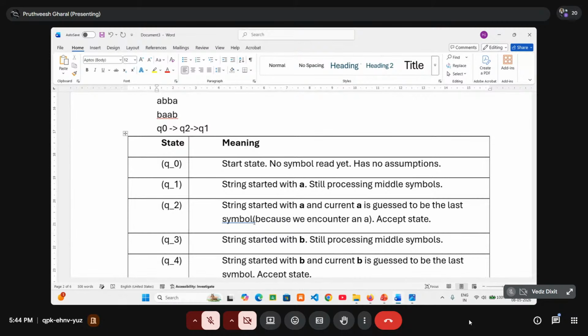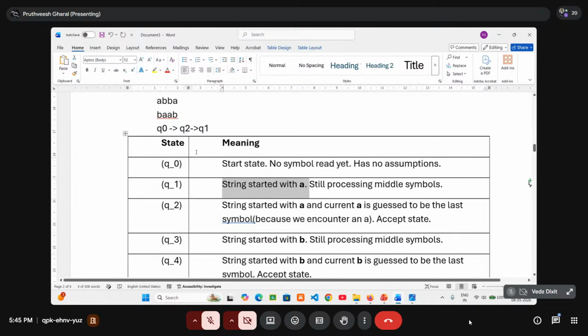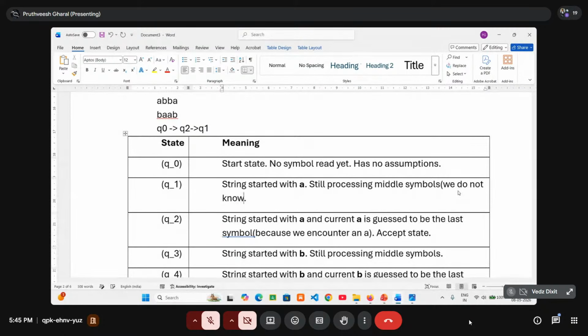That is the guess we are making after we encounter the first symbol. The next state is Q1. Now this is the state we tell the automaton to move to because we do not know what the end state is, but we have found B.